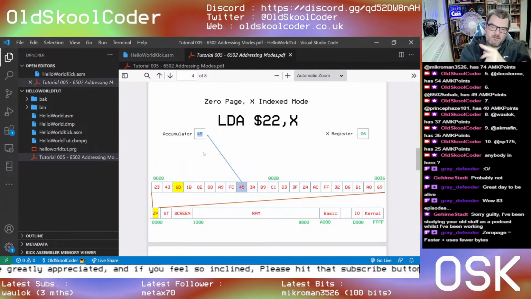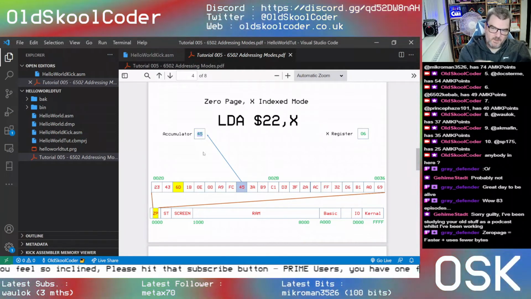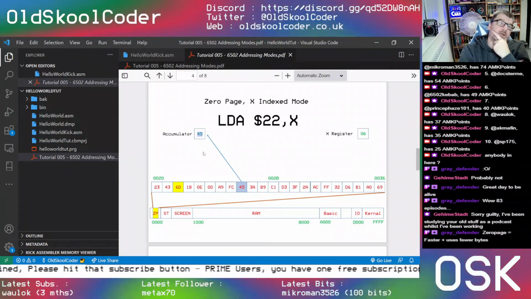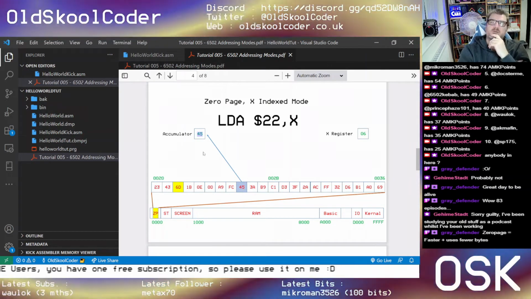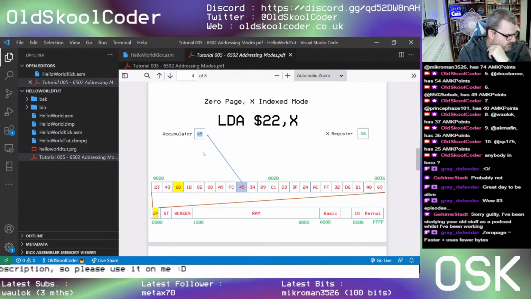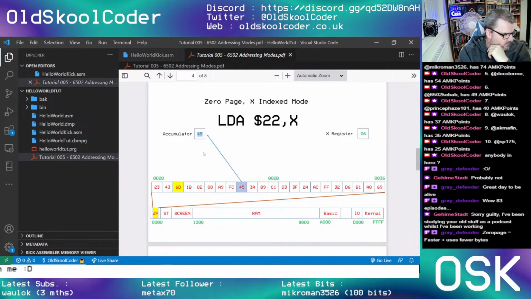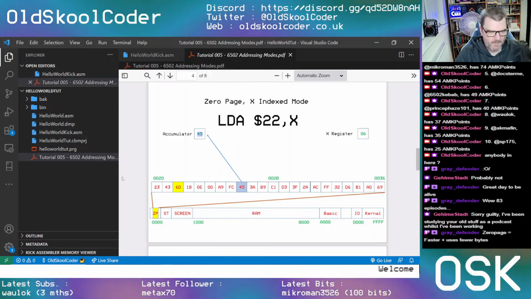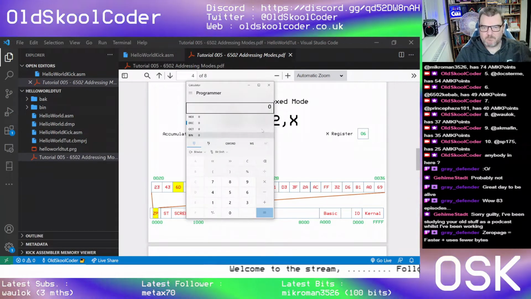So in the example here, if we had load 22, comma X, and let's say the X register was 230. What's that in hex? Get the calculator out, John. My brain's not working today.